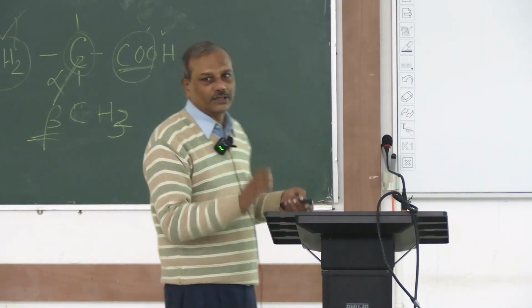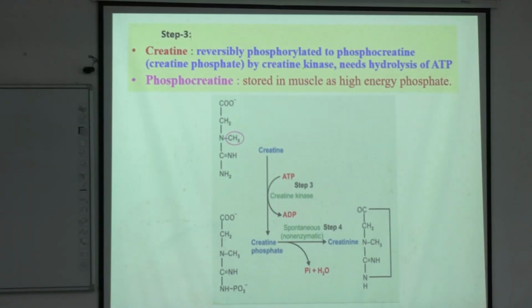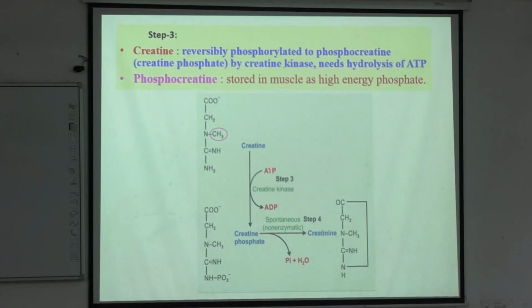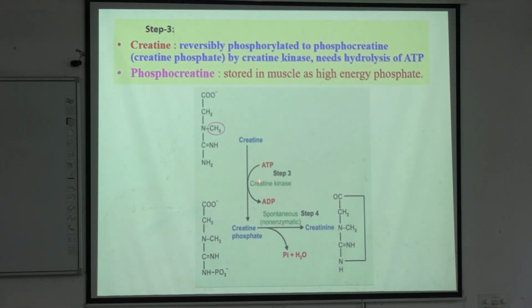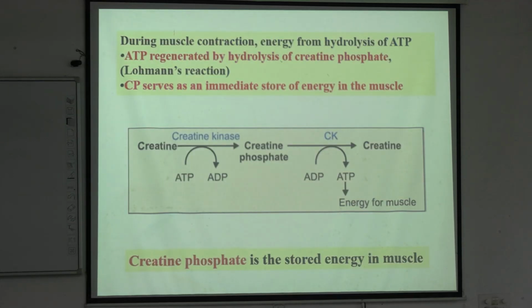During muscle contraction, as I told you, creatine phosphate is produced. In this first reaction you see, creatine, from ATP to ADP, one phosphate is getting released. This phosphate is stored here, so that acts as an immediate source of energy. During muscle contraction, energy from hydrolysis of ATP is obtained, and ATP is regenerated by hydrolysis of creatine phosphate.